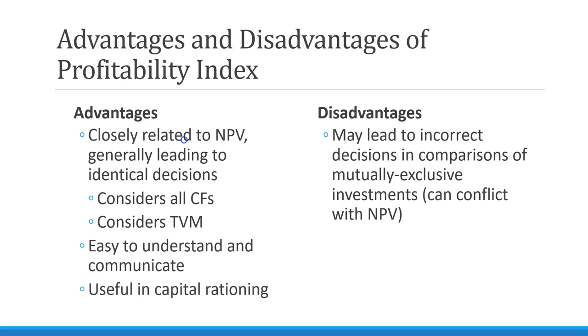Disadvantages is it might lead to incorrect decisions if we're comparing mutually exclusive investments. So when comparing mutually exclusive investments, then net present value should be the deciding factor and no other factor.